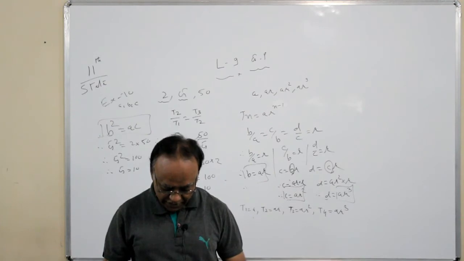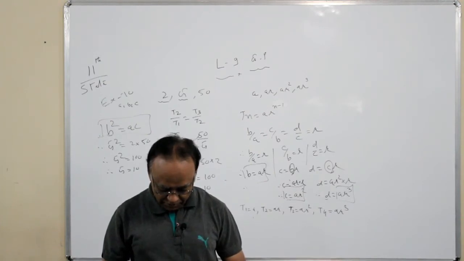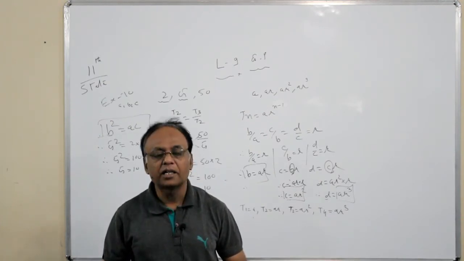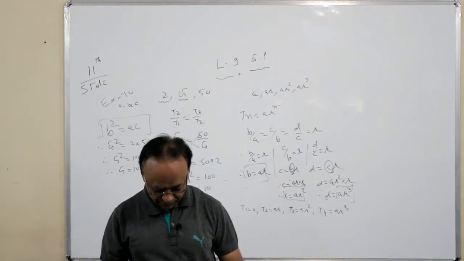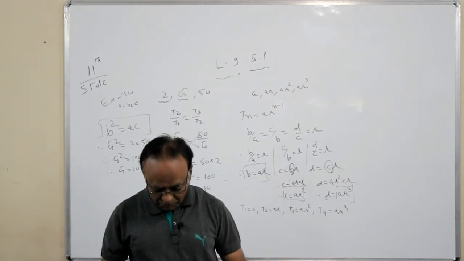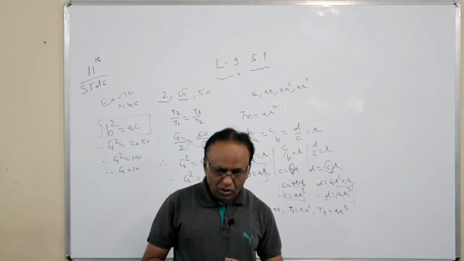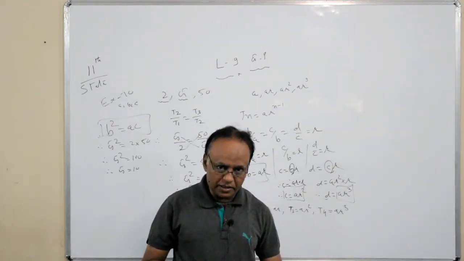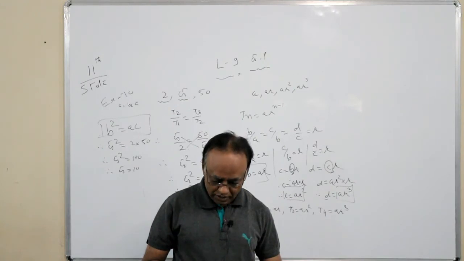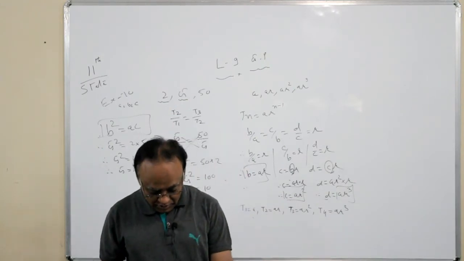Therefore, T1, T2, T3 and T4 are in GP, hence A, B, C, D are in GP. All examples you can solve very easily.